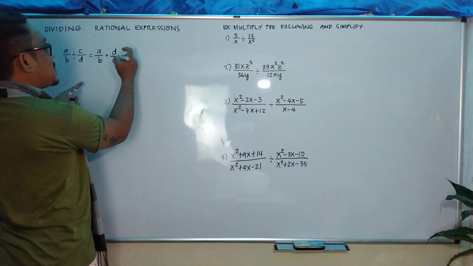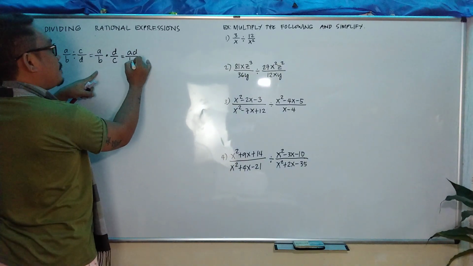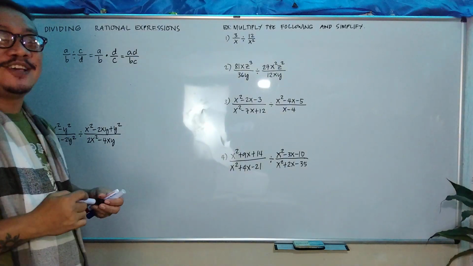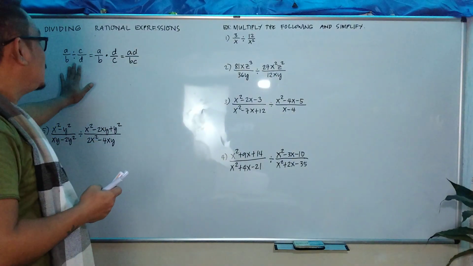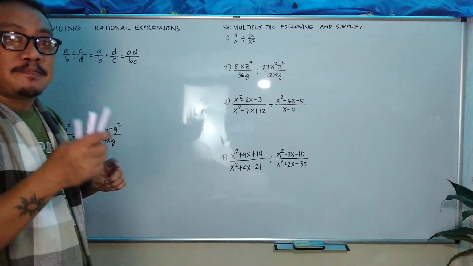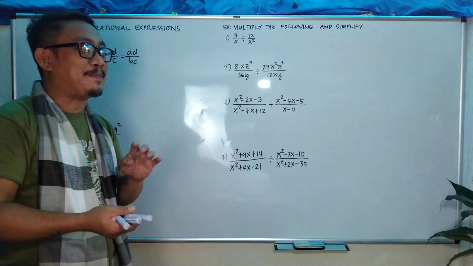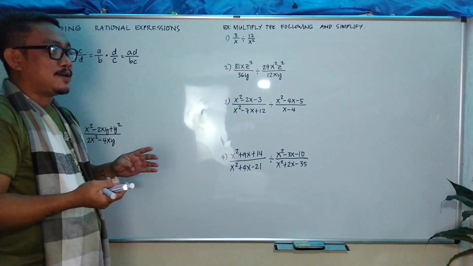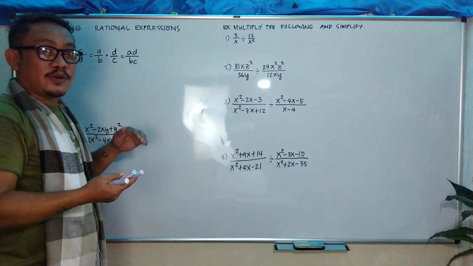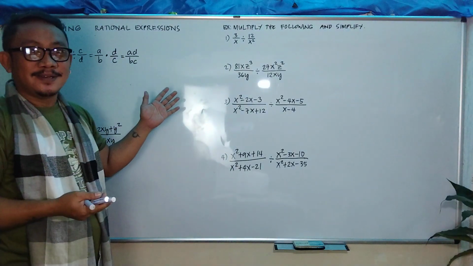So A times D, you have AD, over B times C, you have BC. So it's easy. Again, make sure that your final answer is in reduced form, meaning there are no more common factors in the numerator and denominator.